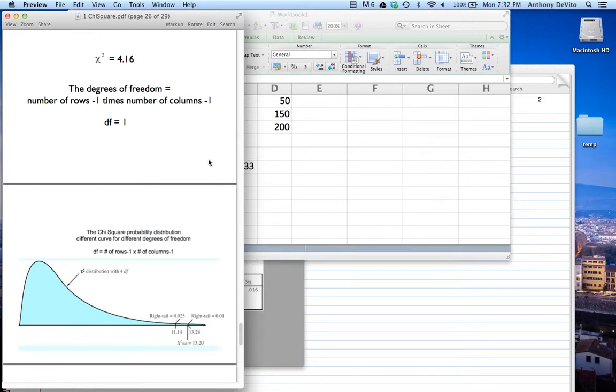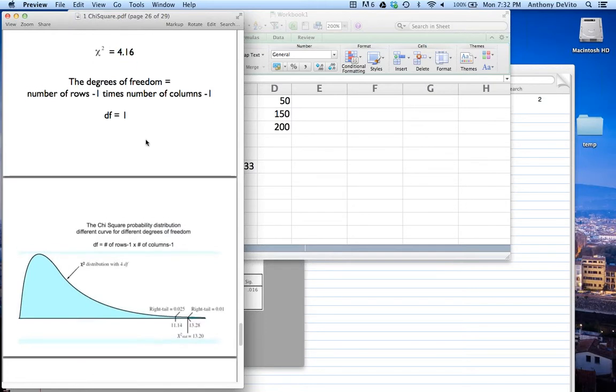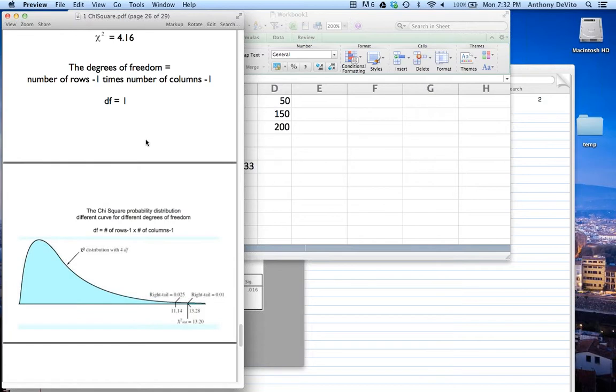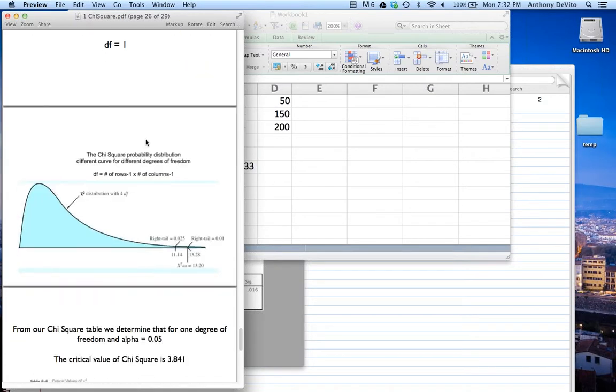That's uploaded to Blackboard. It's the same exercise that we went through just now. My chi-square value is 4.16. I want that to be a bigger number. The bigger that number is, the more likely that I can reject my null hypothesis without being wrong.